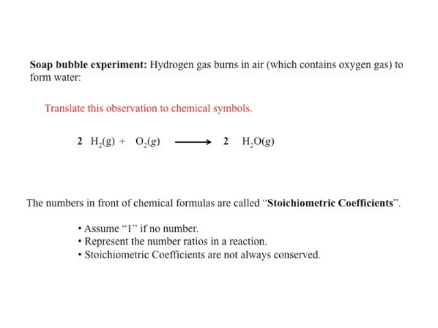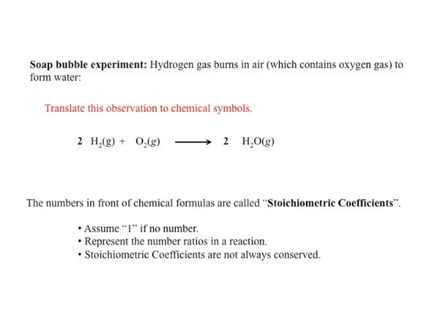The numbers in front of chemical formulas are called stoichiometric coefficients. So when a chemistry textbook says stoichiometry or stoichiometric coefficient, they are always referring to the number in front of chemical symbols or chemical formulas in a chemical equation.